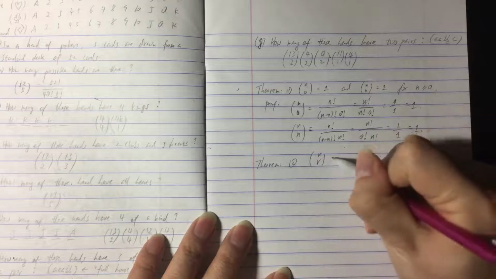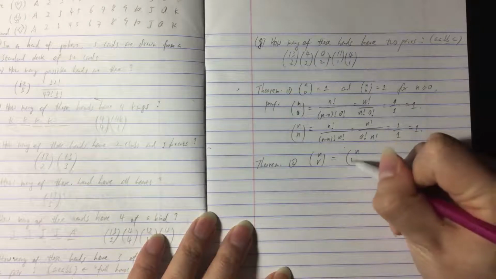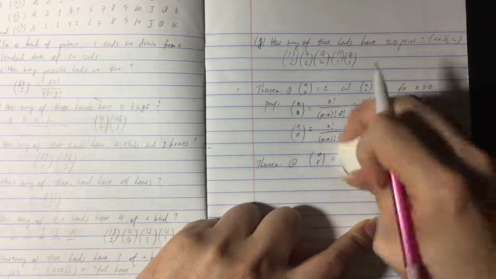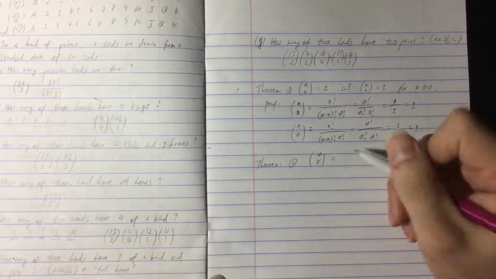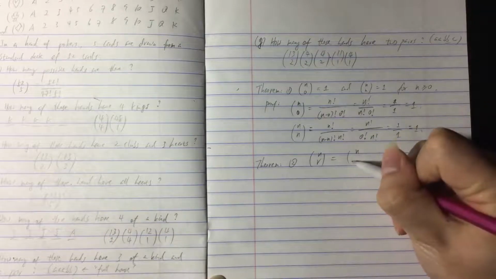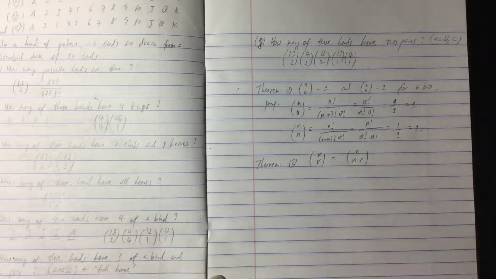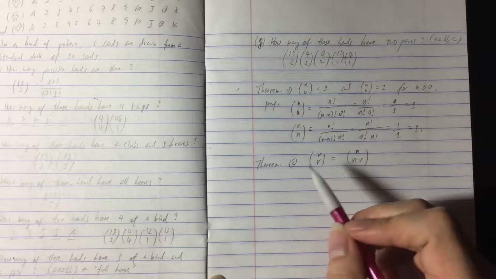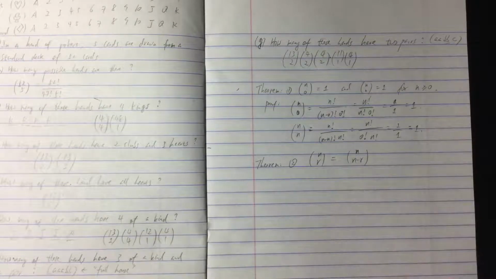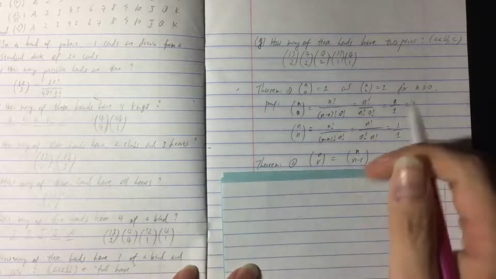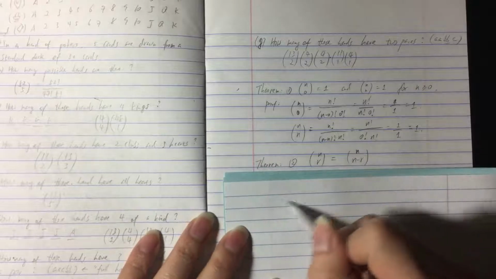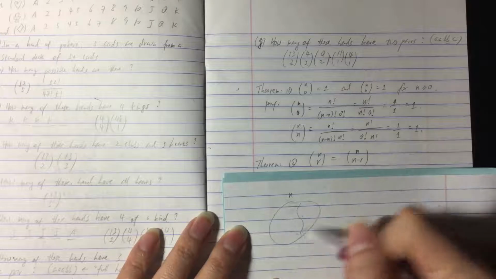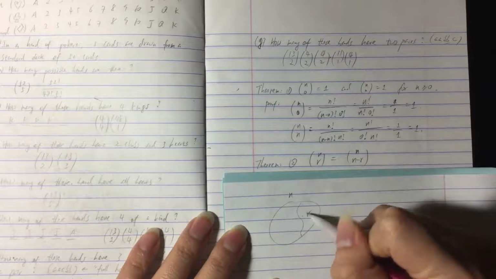N choose R is the same as N choose N minus R. Consider a set of N elements.